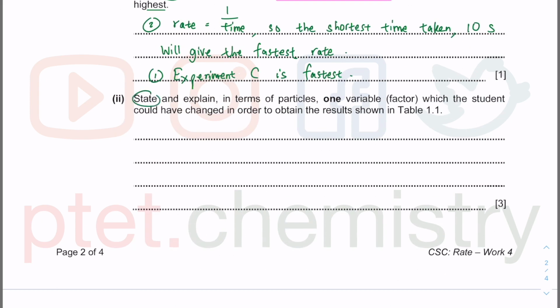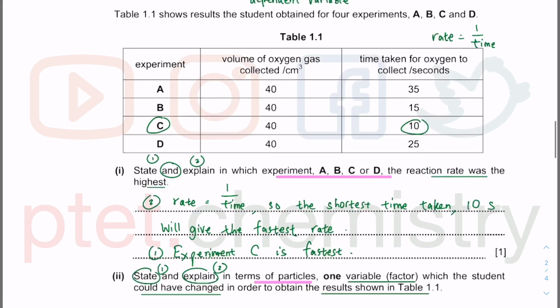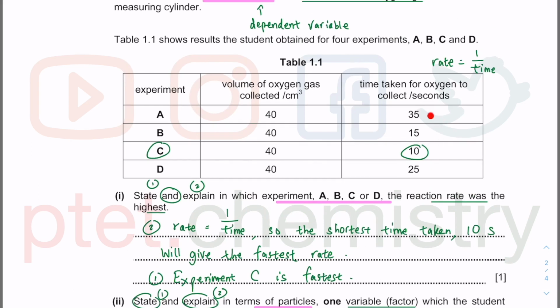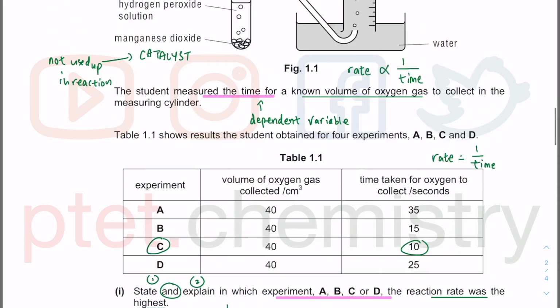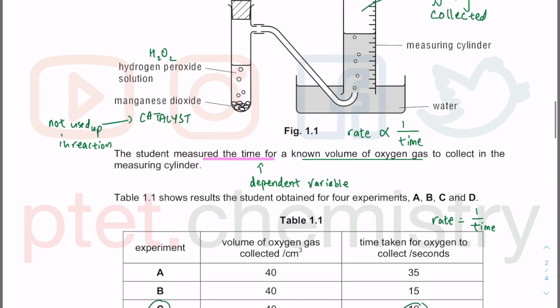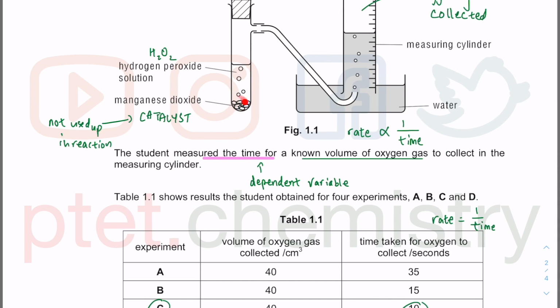State and explain in terms of particles. One variable or factor could have changed in order to obtain the results shown here. What could you have changed to obtain these different results? There are many things you could have done, but all of them require the use of the catalyst, so you don't want to change the catalyst.